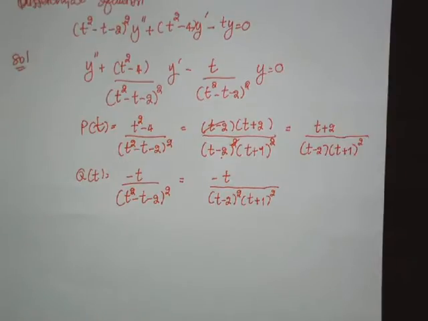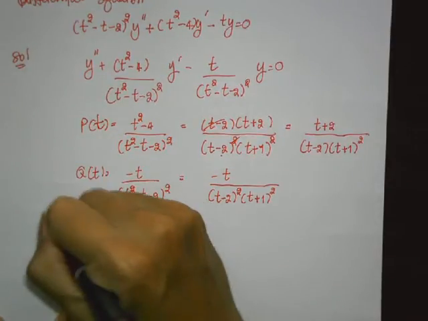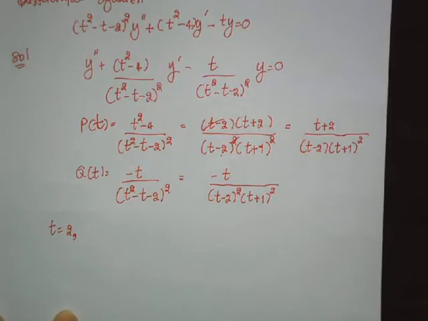So, from p(t) and q(t), do we have singular points? Do we have singular points? Any point that makes p(t) and q(t) go to infinity. t equal to what? 2 and minus 1.